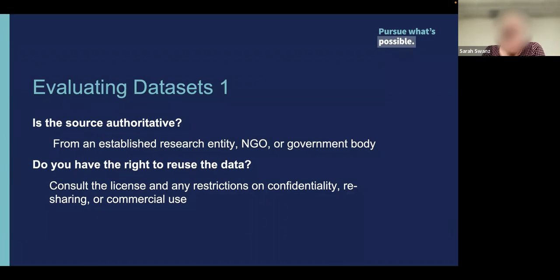They will typically have a license associated with it, often a Creative Commons license, but also look to see if there are any restrictions on confidentiality, resharing, or commercial use. ICPSR, for example, has a lot of social science data that often has a lot of confidentiality restrictions associated with it. So again, read the license and understand what in fact you can do with it.